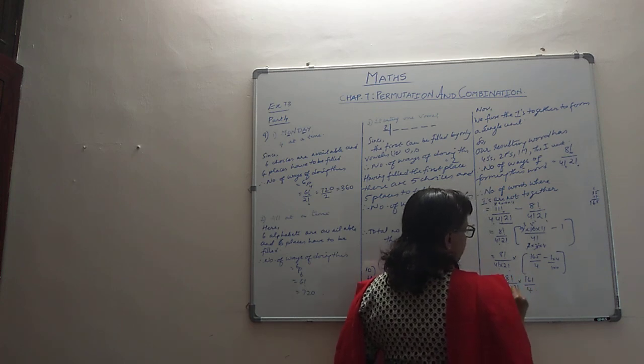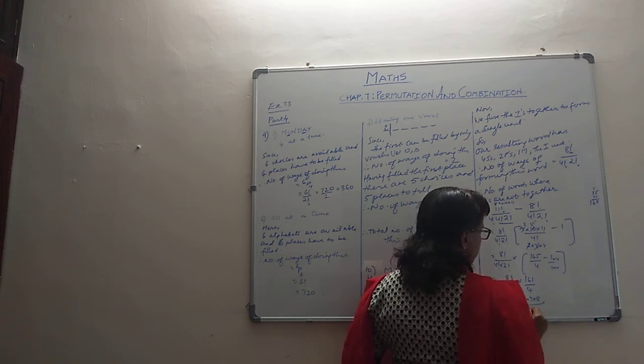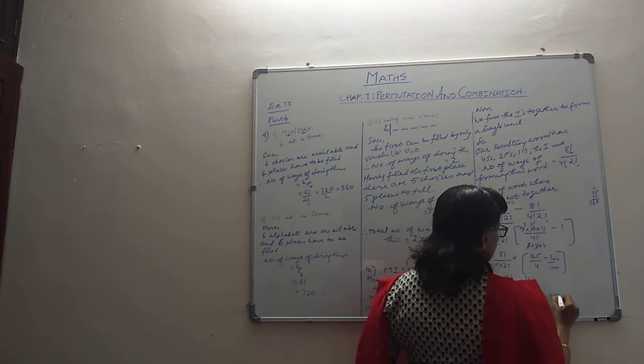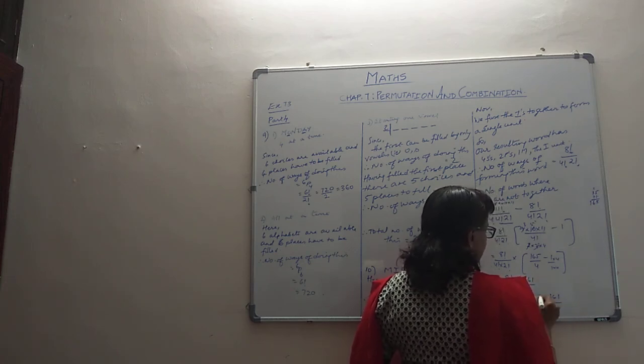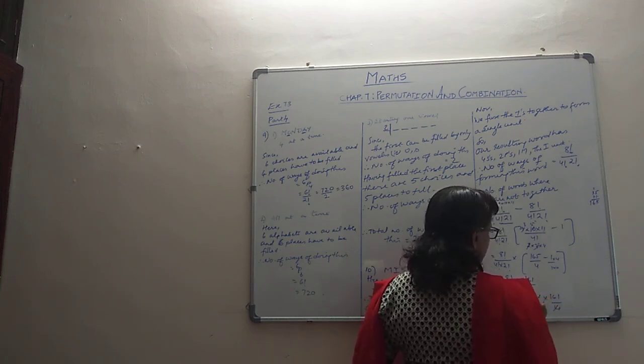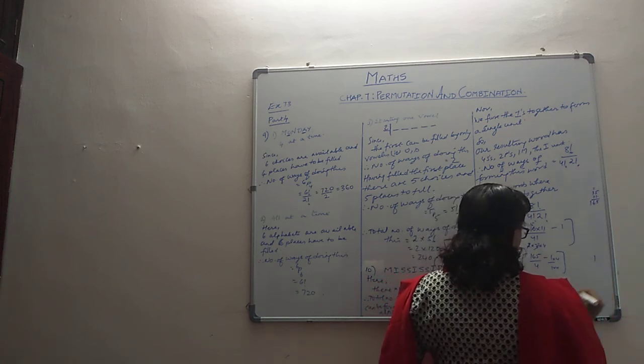If we use our permutation logic here, 8 factorial is 4 factorial into 5 into 6 into 7 into 8. Then this 4 factorial is going to cut. We can write it like this, and then this 4 is also there, so this is getting cut. 4 2s are 8 is getting cut. So you have 6 7s are 42 and 161.